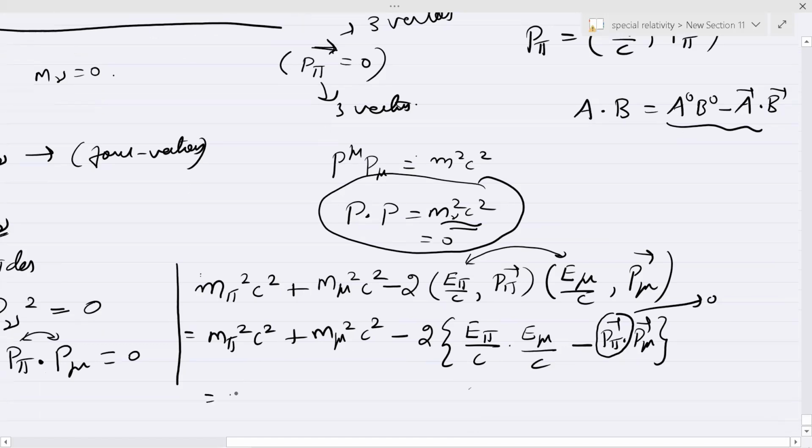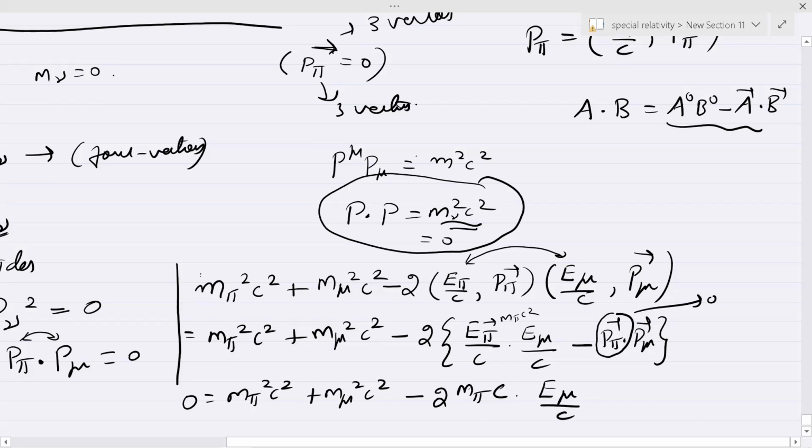Okay, so this becomes m pi square c square plus m mu square c square, and this term is equal to 0, minus 2. What is e pi? Because it's at rest, e pi is equal to m pi c square. So this becomes m pi c square by c, so it is m pi c, and e mu by c. We don't know e mu, that's what we have to find out.